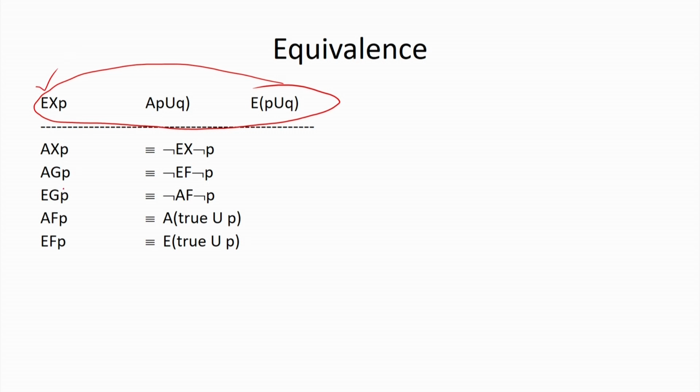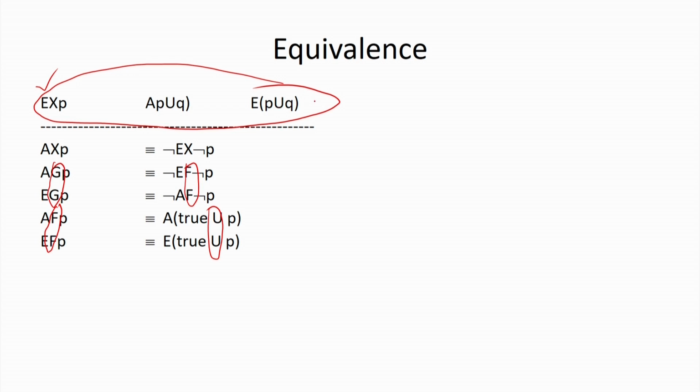AG P is equal to not of EF not of P, but EF is not in that adequate set of operators. EG P is also not of AF not of P. So, the G is expressed with F. Again the operator F is expressed with U. That means finally, we are saying A until and E until.